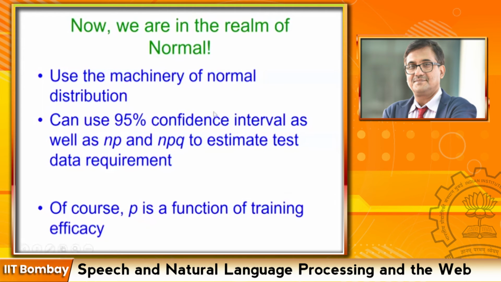Now, if you're tagging every word, it turns out that precision and recall are the same. Therefore, F score is also the same. I have not defined them, precision, recall, F score. We'll have an occasion to define this maybe next class itself very clearly. But if you're tagging every word in a sentence, precision, recall, and F score will be the same.